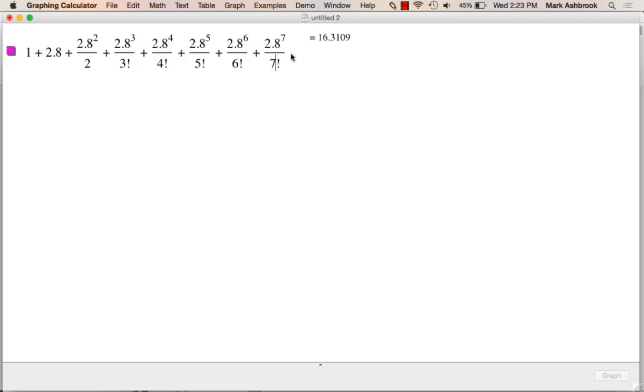So when I put in e to the 2.8, this is what it's doing internally until it is satisfied that it's providing enough precision for you when you read that number. So that's at least one very, very useful thing about these series: all computers compute values like this using series. That's how it works.